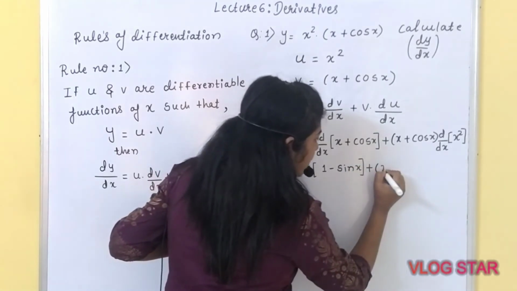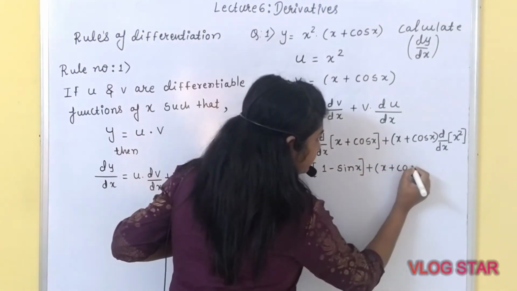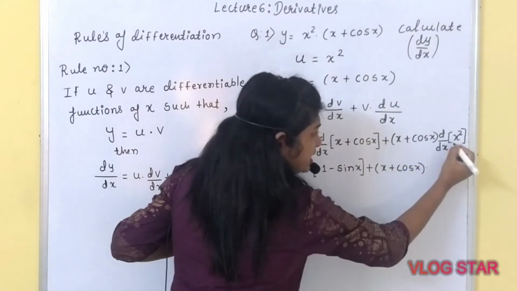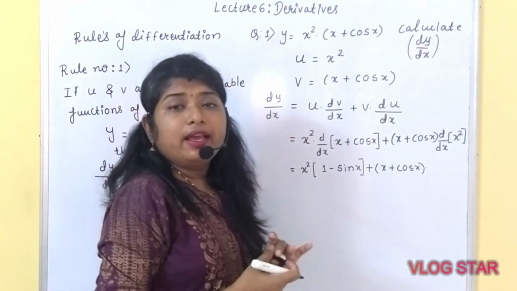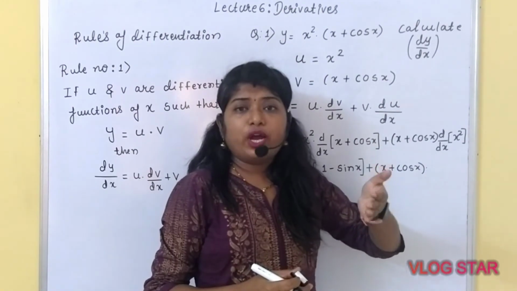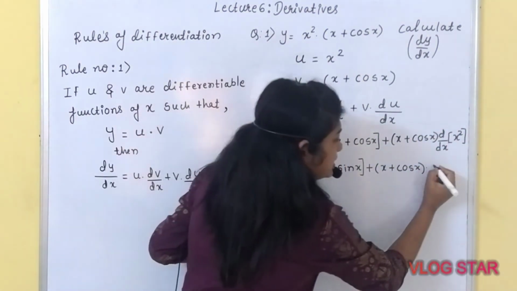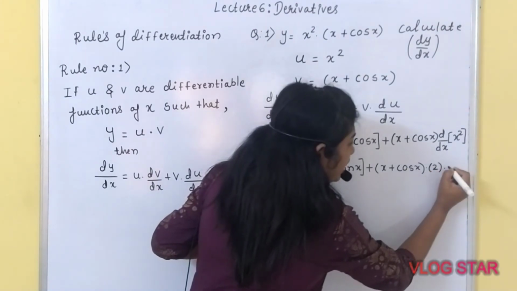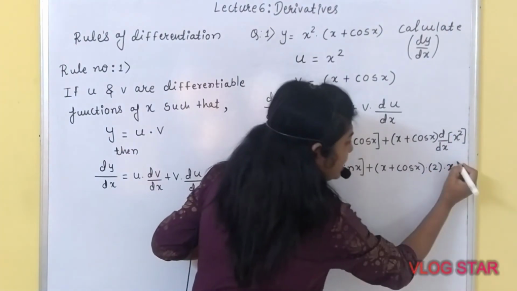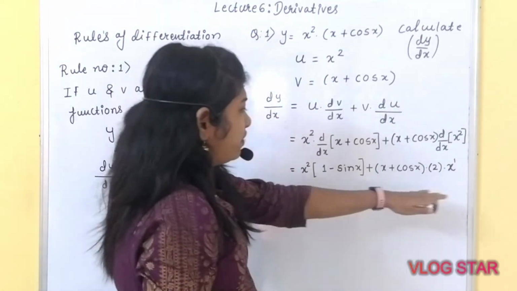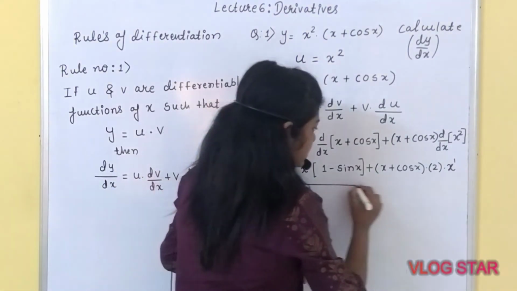Plus v as it is into, what is the derivative of x raised to n? The derivative of x raised to n is n into x raised to n minus 1. In this case, n is equal to 2, so 2 into x raised to 2 minus 1, that is x to the power 1. So the final answer is this.